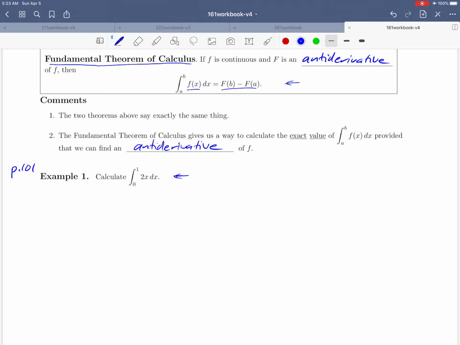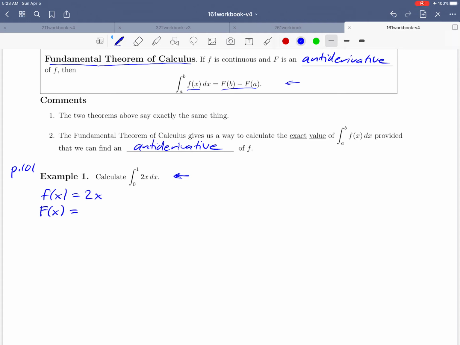So let's jump back down to our problem. The function that we're trying to integrate is 2x. We're looking for an antiderivative of that function, which we're going to call capital F of x. To find one, ask yourself: can you think of a function whose derivative would get you back to 2x?